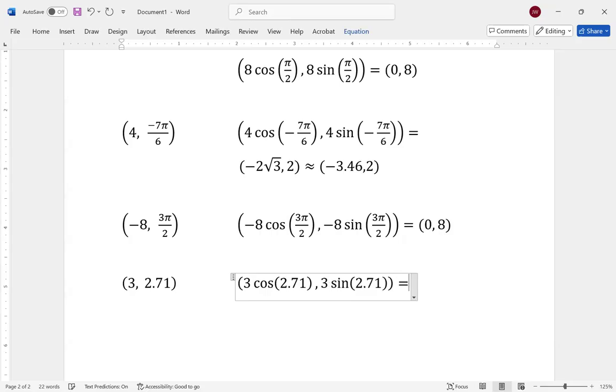In this case, I just use my calculator. We're not going to get a really nice value, so it'll be an approximation. I end up with about negative 2.72. That's my x value. And my y value is a positive 1.25.